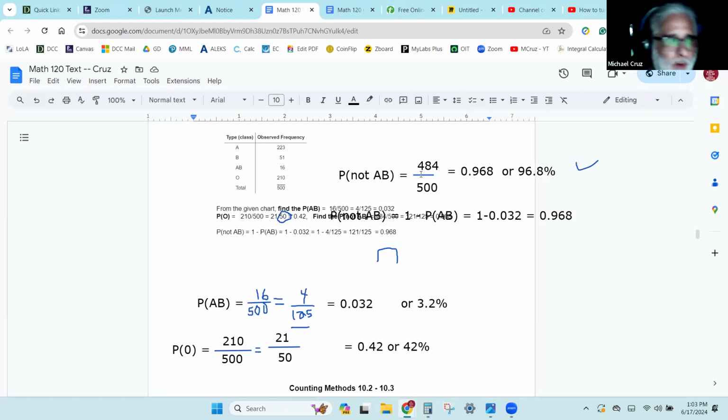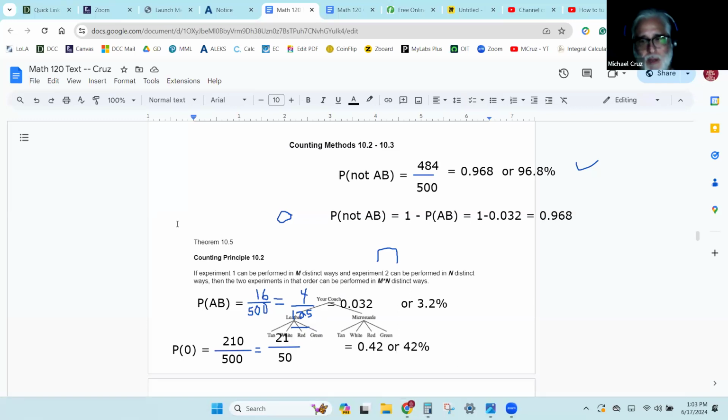No matter how you do it, whether as a decimal or a fraction, you're still going to come out with 484 over 500 or 0.968. There are just a couple of different ways to do it. The complement rule is there to help you in certain circumstances where it's harder to calculate directly. That's mainly what it amounts to.